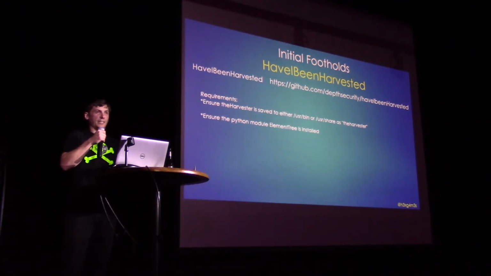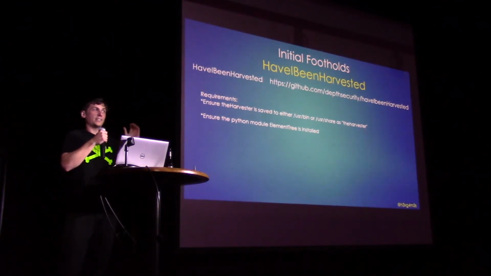Well, Have I Been Harvested takes the idea of theHarvester, which is a tool that goes out and you can type in a company and it'll try to scrape the web, like with Google searches or that company's domain, just looking for email addresses that match that top level domain. Have I Been Harvested runs them both.